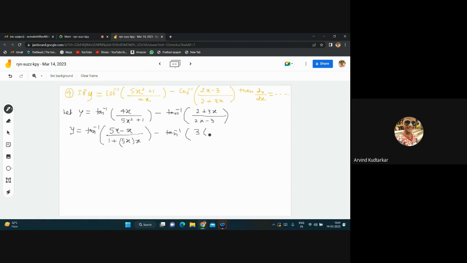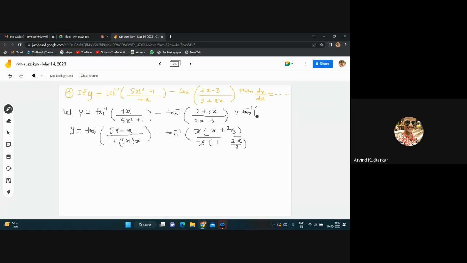This is the formula. And in the second, there is tan inverse of (a plus b) upon (1 minus ab), where a is x and b is 2 by 3. I will write the formula beside these steps.